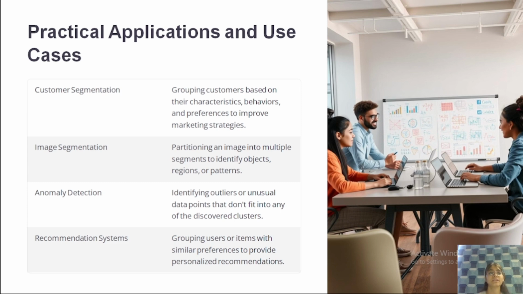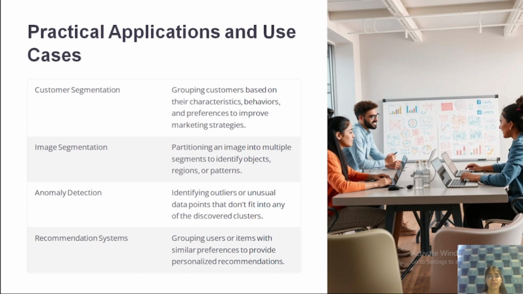The practical uses of k-means clustering, or how it can be used in the real world, include customer segmentation, image segmentation, anomaly detection, and recommendation systems. You can use k-means clustering in many processes. Some examples are given on the screen. Customer segmentation: grouping customers based on their characteristics, behavior, and preferences, improving marketing strategies and understanding customers better.